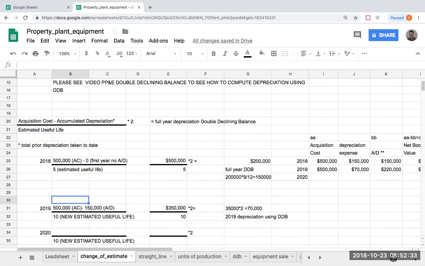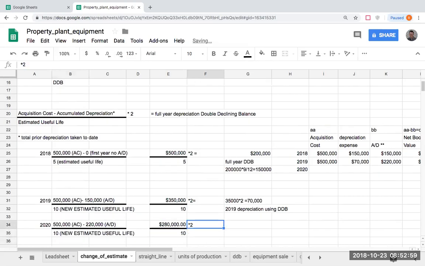Well, I go to 2020 and I'm going to use the same equation. I'm going to have 500,000 of my acquisition cost minus 220,000 of accumulated depreciation. And here I'm going to get $280,000 divided by 10, which here is my new estimated useful life.